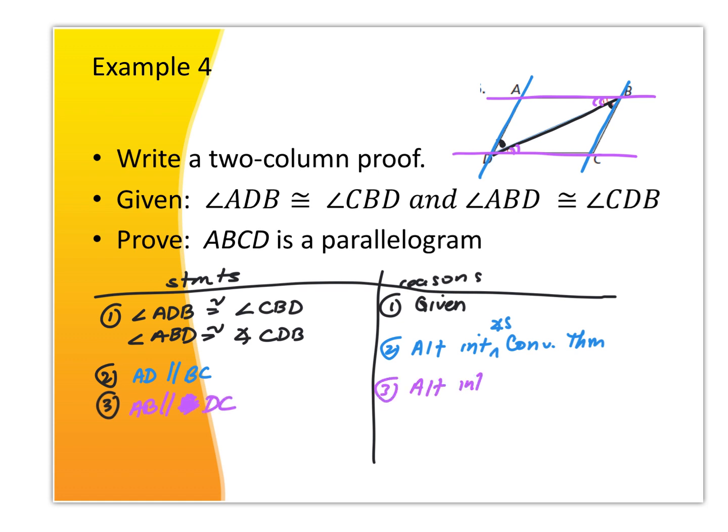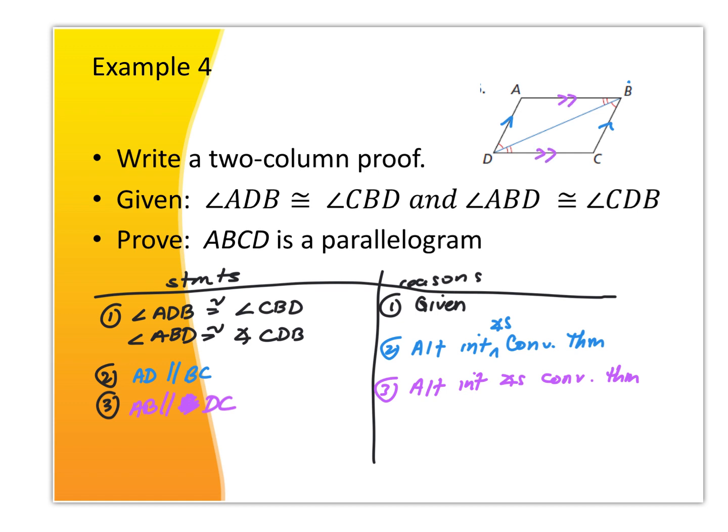It's the alternate interior angles converse theorem, which says that if the alternate interior angles are congruent, then the lines must be parallel. So now I've proven that this quadrilateral has two pairs of parallel sides. So basically this is what I've come to prove: that BC is parallel to AD and that AB is parallel to DC.